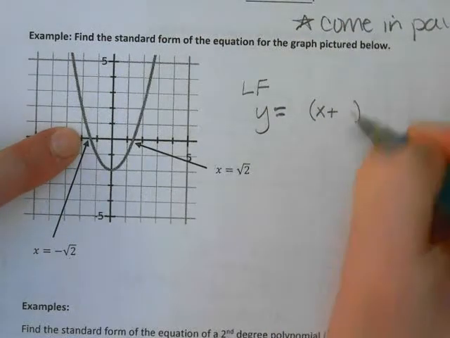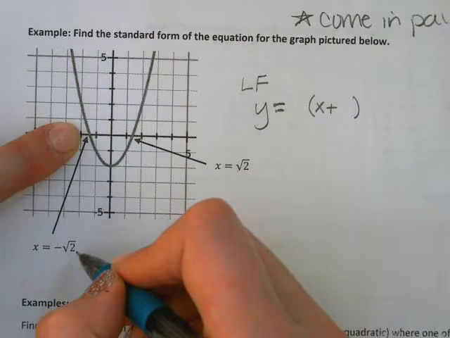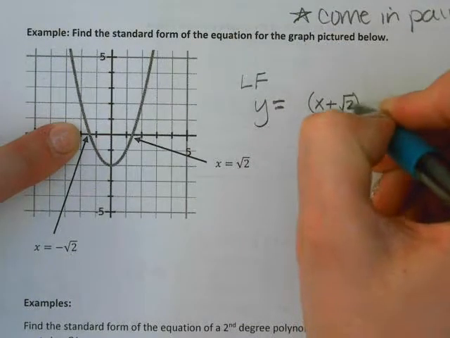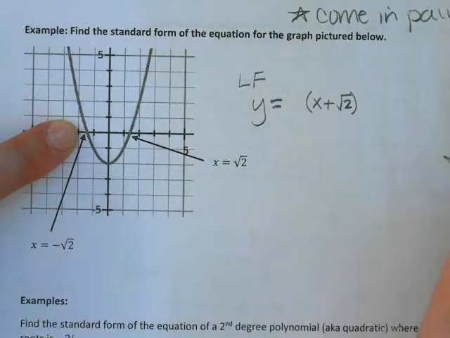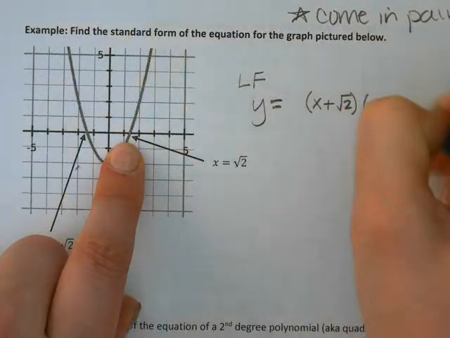X plus square root 2, right? We're not going to put the decimal, we're going to put the actual number, which is square root 2. And then what should we put for the other one? X minus square root 2.